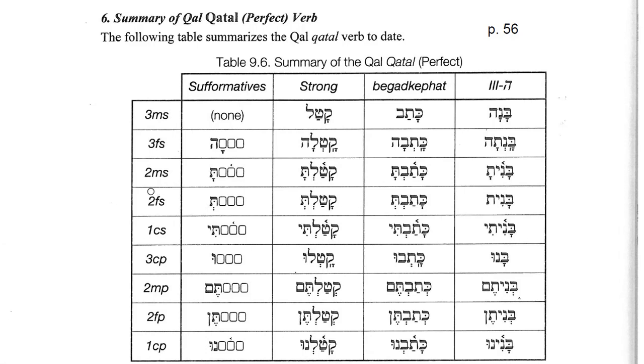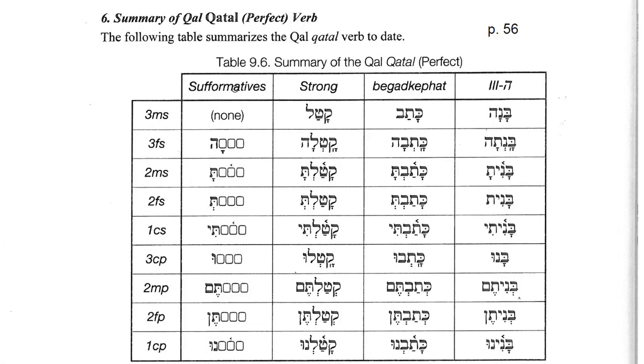Second feminine singular would be you feminine. First common singular is I, and that covers both masculine and feminine. That's common. Third common plural is they, and that is the same for either they feminine or they masculine. Second masculine plural would be you masculine. Second feminine plural would be you feminine. And then first common plural would be we, and that's the same for masculine or feminine.